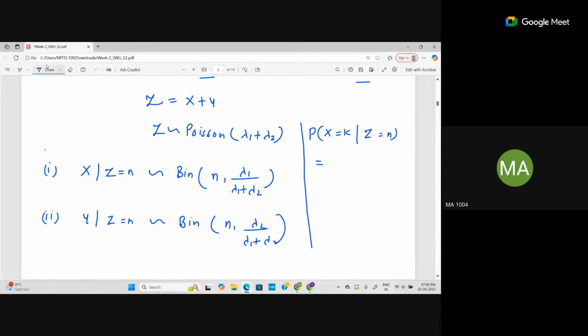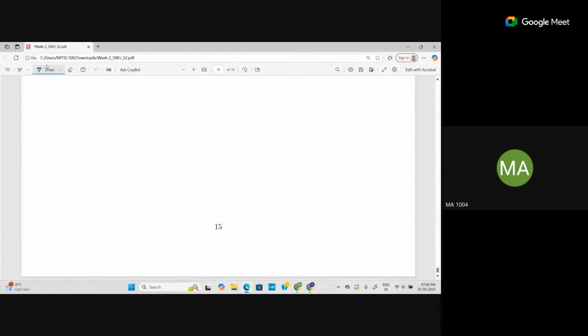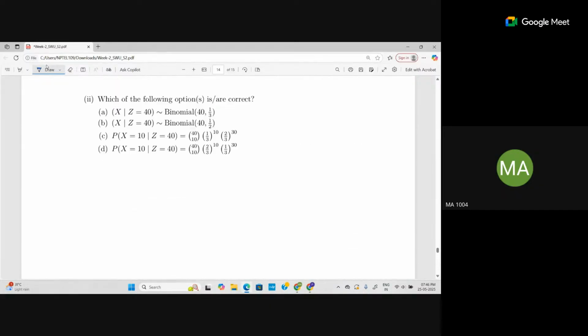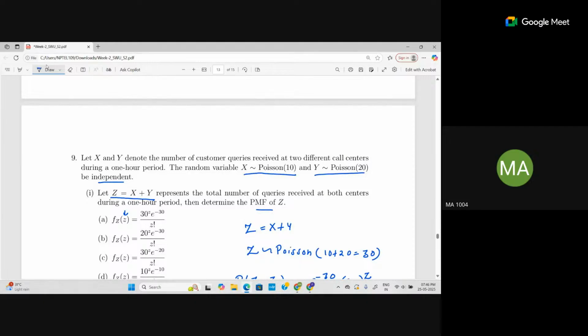Now look in your question, what is the value of lambda 1 and lambda 2? This is lambda 1 and this is lambda 2. So x given z will be 10 divided by 10 plus 20.